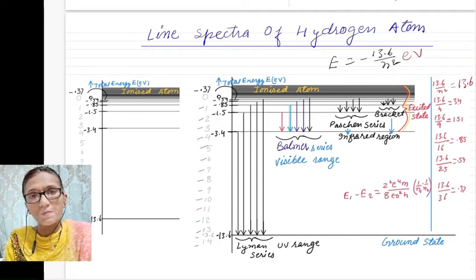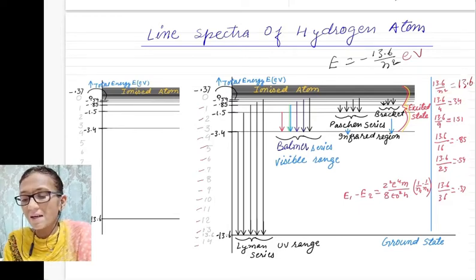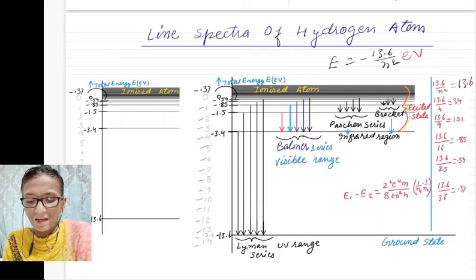By replacing n by 1, 2, 3, 4 and so on for different cells, like for the first cell, if you put n is equal to 1, then energy comes equal to 13.6 divided by n square, and this is 13.6 with minus sign.